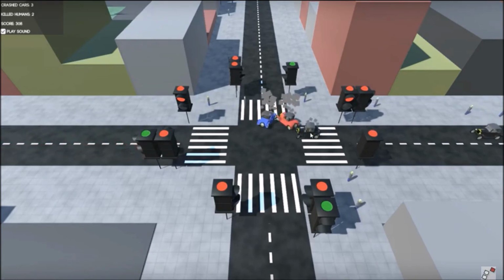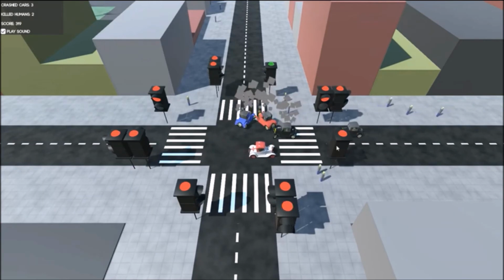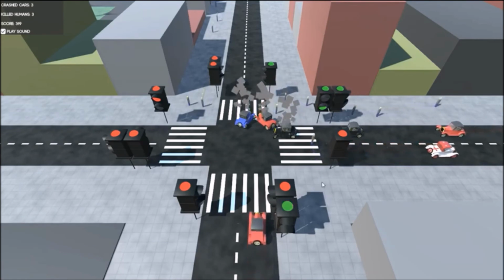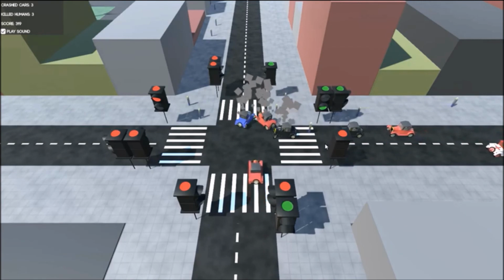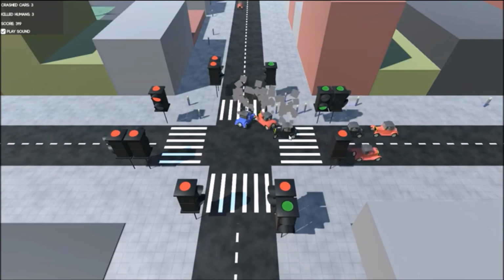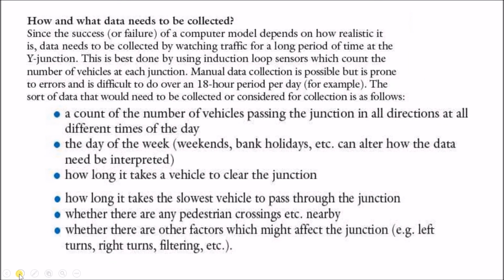So this model will not work, so they have to work on another thing. As you saw, the previous model is not working in a good way, so they have to change their scenario. Now, how and what data needs to be collected?